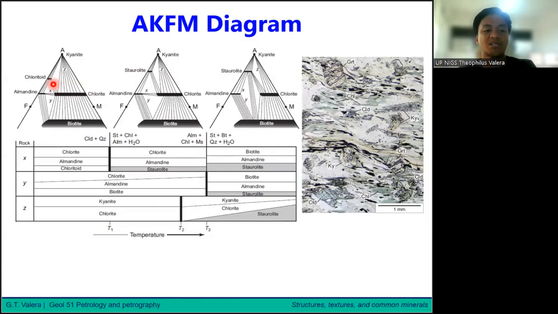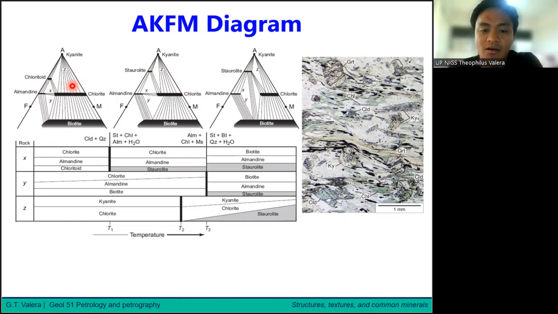Okay? And actually, yung Barrovian series natin is not representative of most metapelites. Most metapelites are more aluminum rich than the Barrovian Y bulk composition. So it's actually more like this X composition. So the point is that in most metapelites, yung Barrovian series is not applicable.